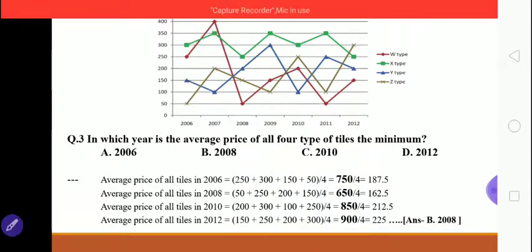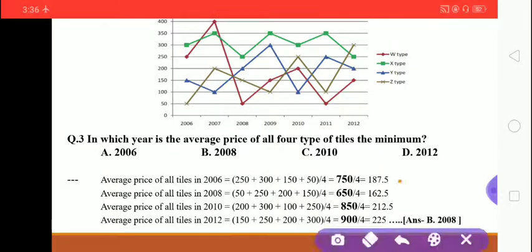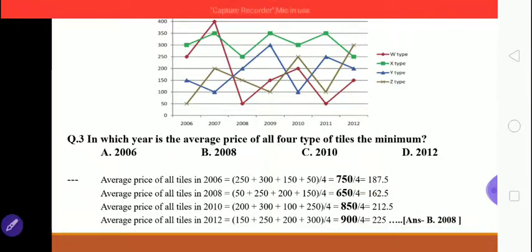Here also we need not calculate the exact value of these averages, just find the addition divided by 4. It is asked to find the minimum average. So the minimum addition is in 2008, that's why option B will be correct. In 2008 that average is minimum.